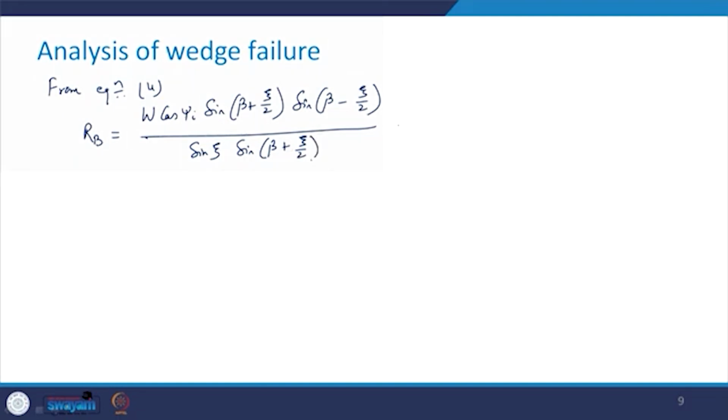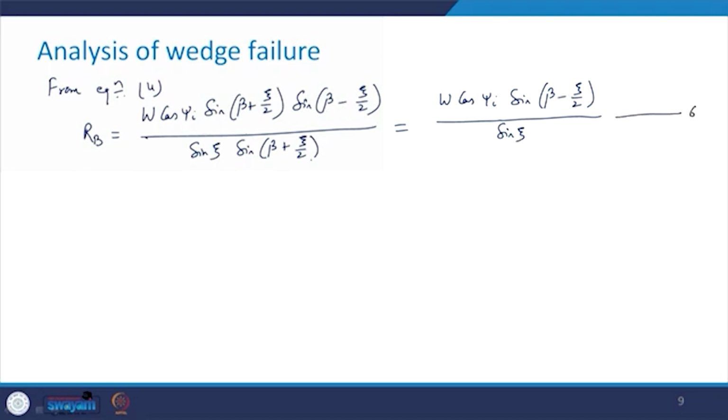So what you are going to get as RB is W cos psi i sin of beta minus zeta upon 2 divided by sin zeta.